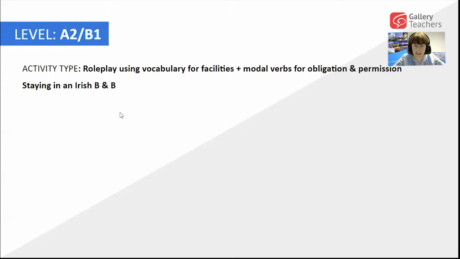So here is an activity type for lower levels, A2, B1 class, for reviewing vocabulary for facilities in a hotel or in a guest house, and also using some modal verbs for obligation and permission.